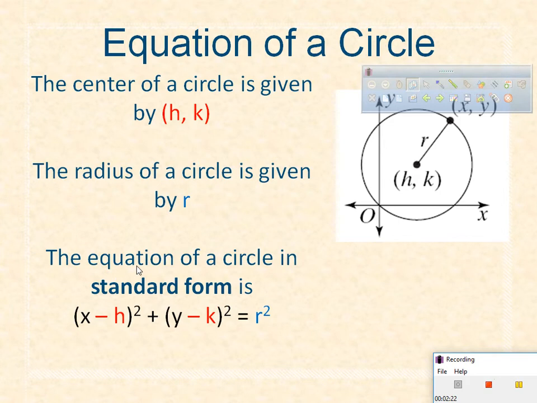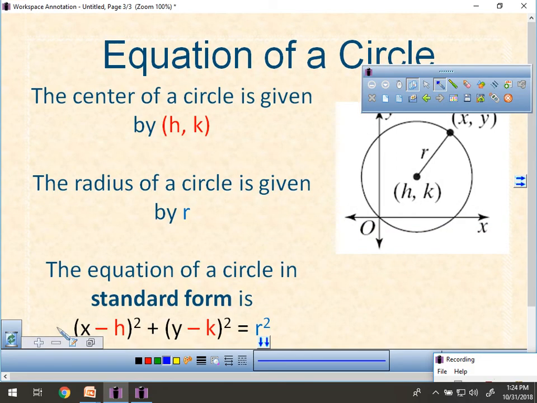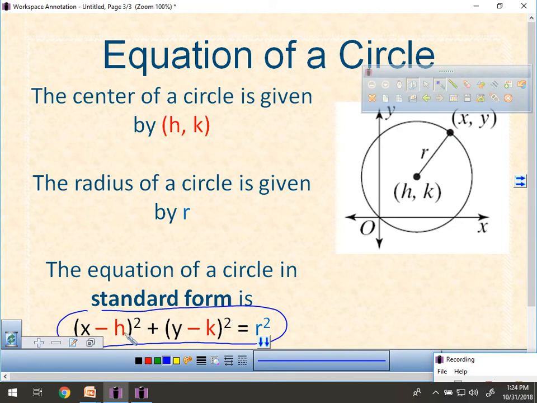The standard form equation, so this is the part you do need to write down. This is what the standard form equation of a circle looks like. Two main things you notice is that it's equal to your radius squared, and in parentheses, both of your terms are squared also.